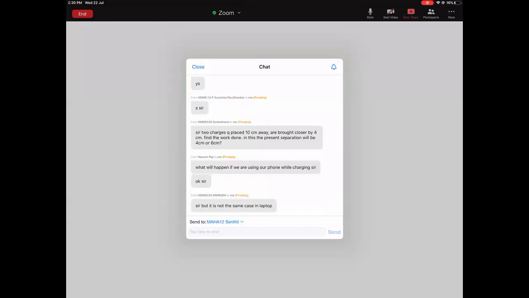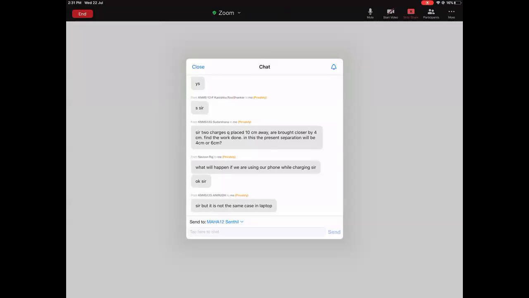But it is not the same in case of a laptop. No, how do you know? Many laptops have also burst. While a laptop is made, you see, a laptop is much more expensive, so you can put 101 devices in the laptop. So a laptop has a fuse. Mobile phone doesn't have a fuse. So in case of danger, the laptop fuse will go, but in the case of a phone, it doesn't.